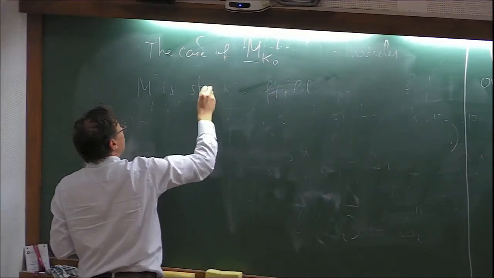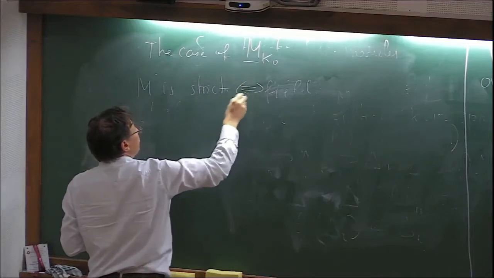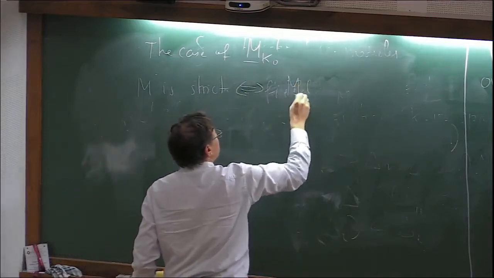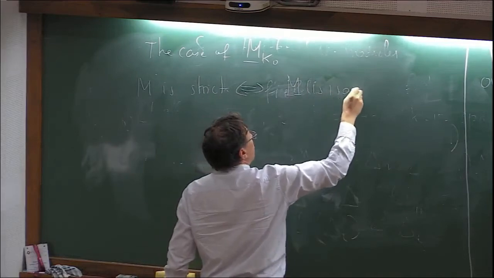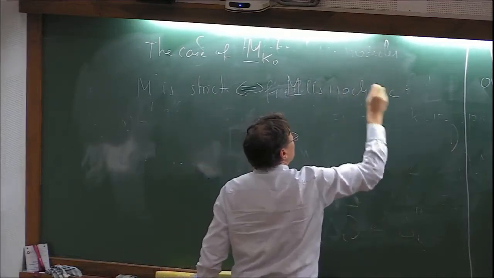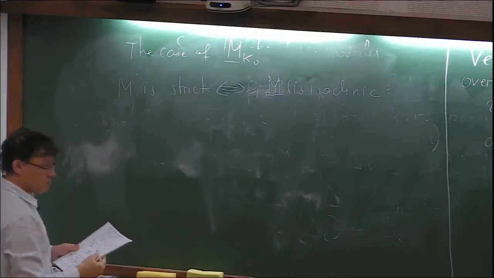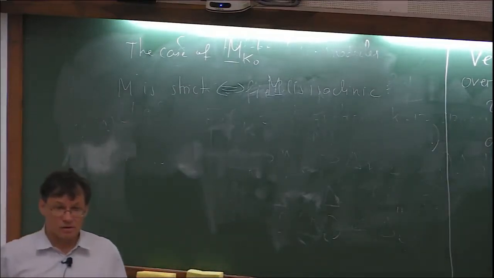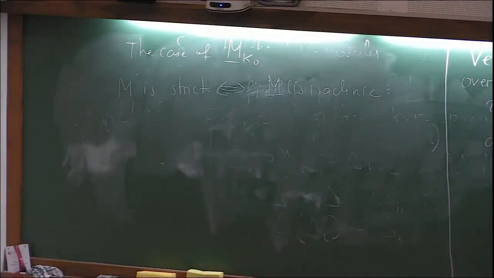M is strict if and only if it is isoclinic.